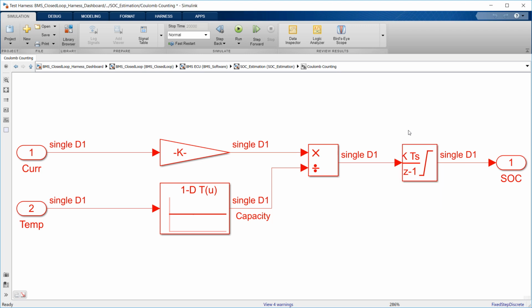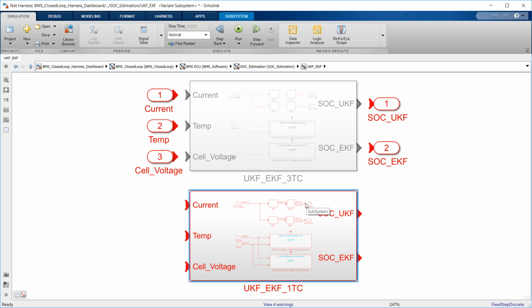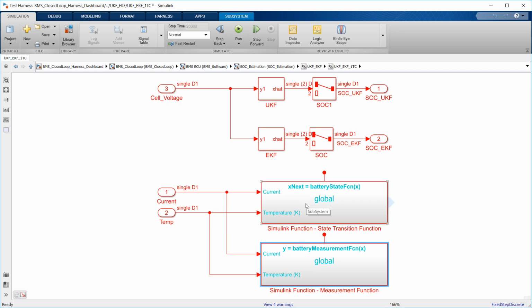The second and third SOC estimation methods implemented here are the unscented and extended Kalman filters. Both are variations of nonlinear Kalman filters, and they rely on a model of the unit cell to predict the terminal voltage resulting from a current stimulus, estimating the internal cell states, the SOC among them, by comparing this prediction against the measurement of the terminal voltage.